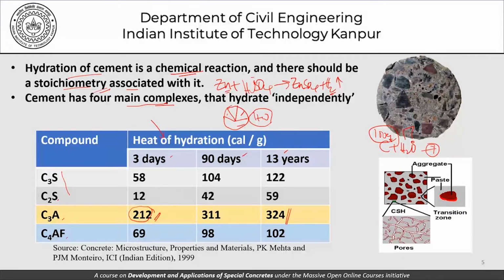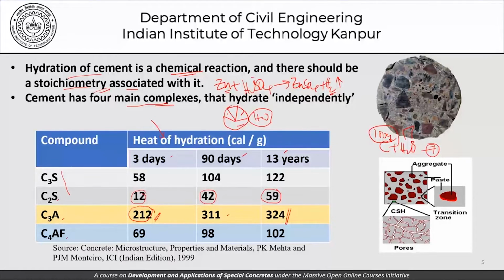You can see that 66% of that is liberated here, and more or less 90% of it gets liberated in just 90 days. This is not really true for something like C2S, where this 12 is just about 20% of this 59 or 60, and this 42 is just about 2/3 of this.